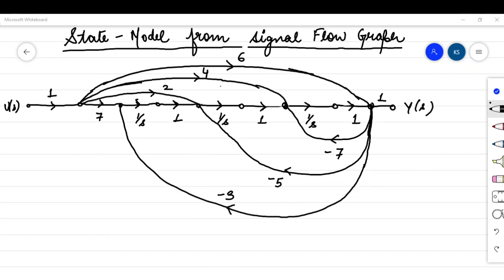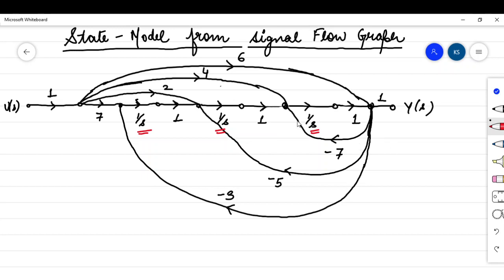Now I will discuss how to develop the state space model from a signal flow graph. I have let you know at the start of the class that the number of state variables is always equal to the number of integrators present in the system. So we can observe here that there are 1, 2 and 3 integrators. So how to start?